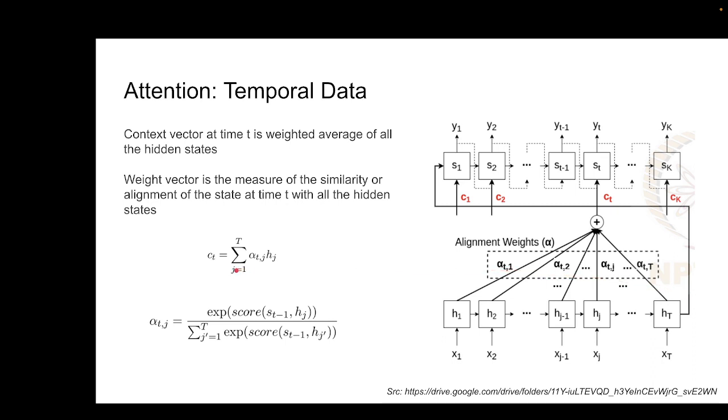And now, how are we calculating these weights? Basically, we will try to ensure that these weights all sum to 1, right. So they are fractions, all of them are fractions. How we are calculating them is we are trying to see how relevant each of these hidden states is with respect to this s_{t-1}.